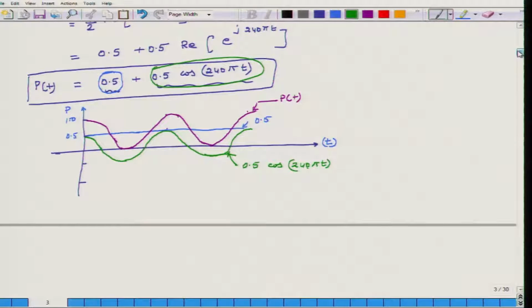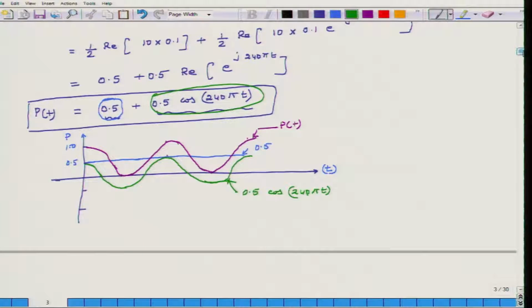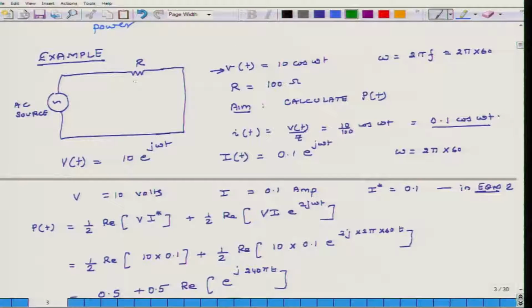So, we will do one more example and then move on to the concept of acoustical power. This circuit was purely resistive in nature.